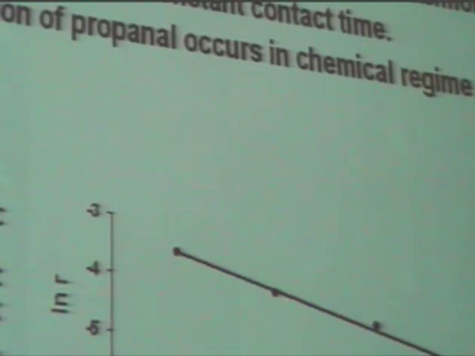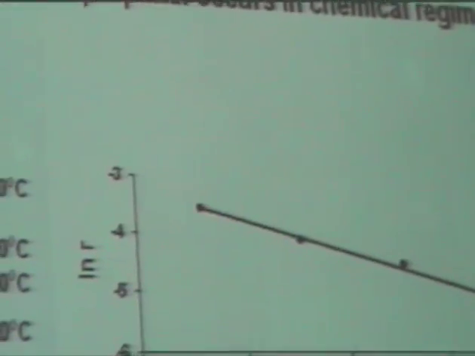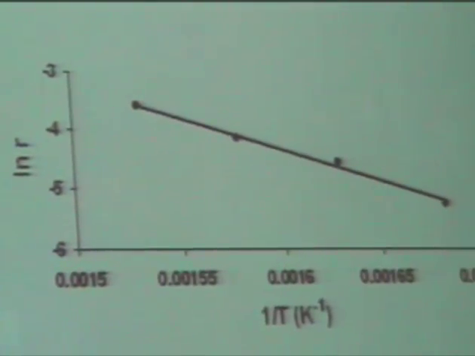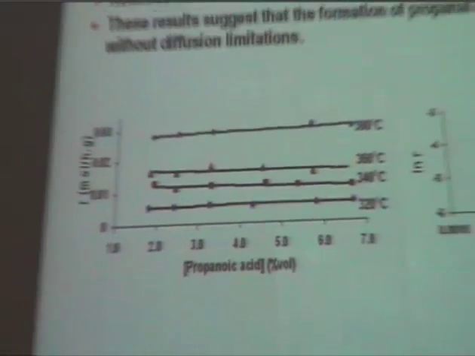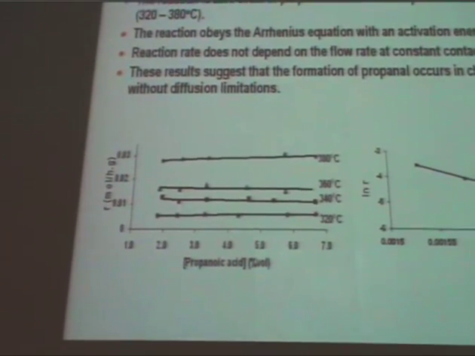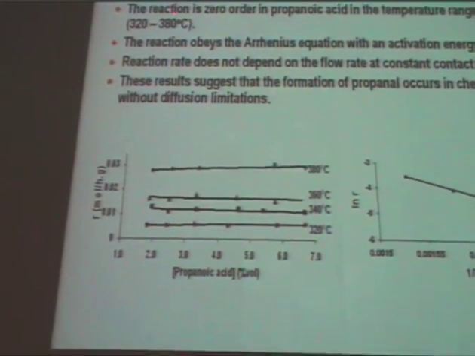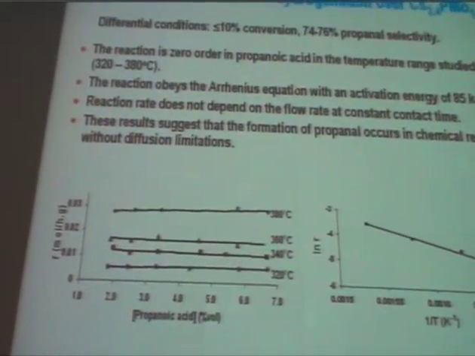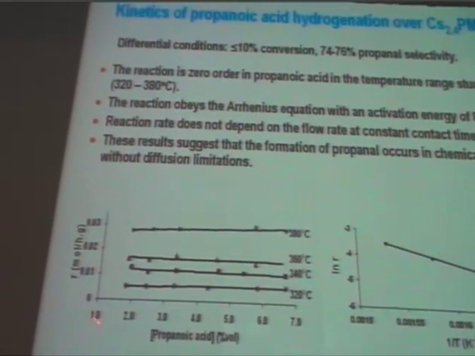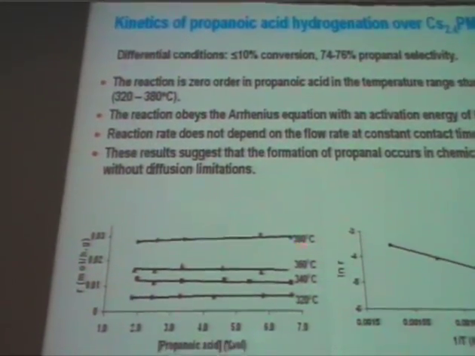We did some kinetic studies of propanoic acid hydrogenation over monovanadium catalysts. So we used differential conditions at conversions less than 10%, and propanol selectivity was 74–76% in such conditions. We found that the reaction is zero order in propanoic acid in the temperature range studied, that's between 320 and 380.